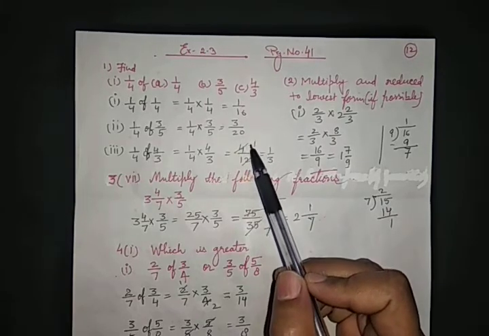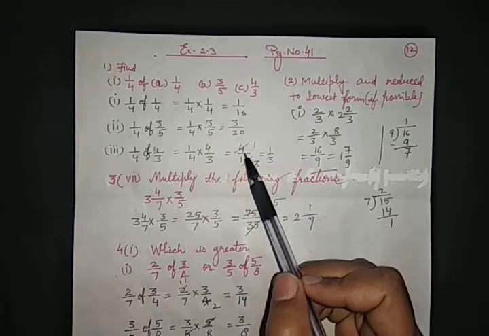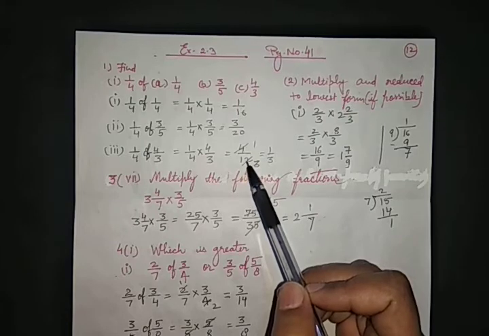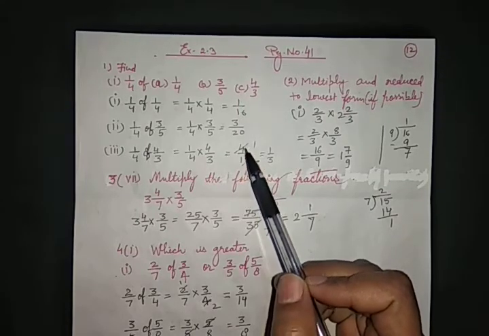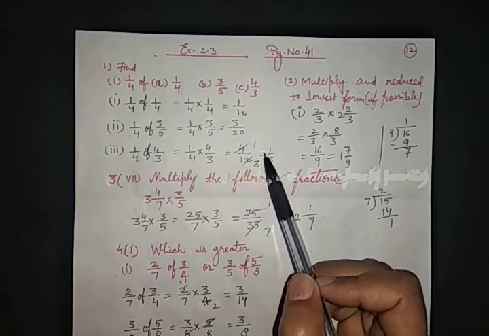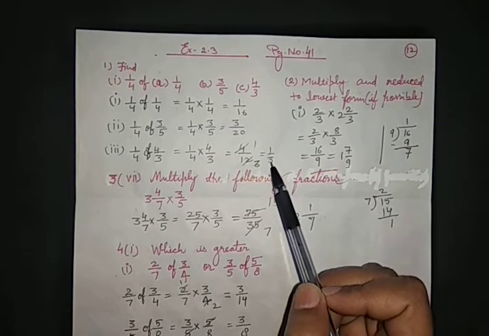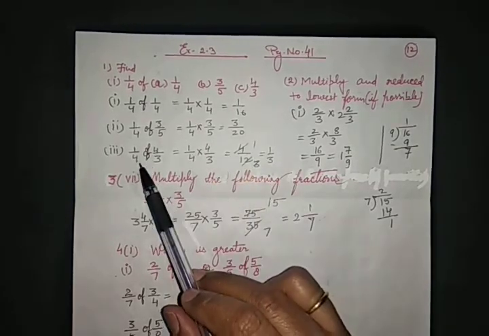But here what is coming? 4 upon 12. We can reduce it. It is in reducible form. So we will use the table of 4. 4 1s are 4, 4 3s are 12, which is equal to 1 upon 3, the answer of the third part.